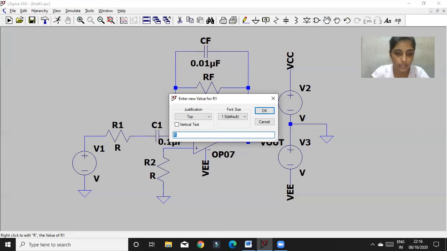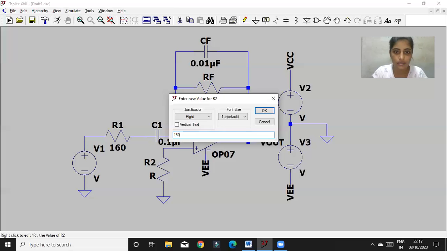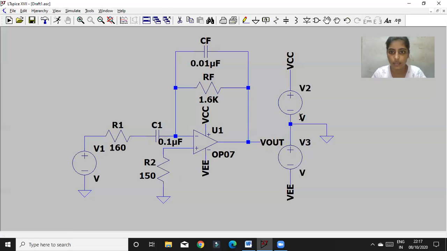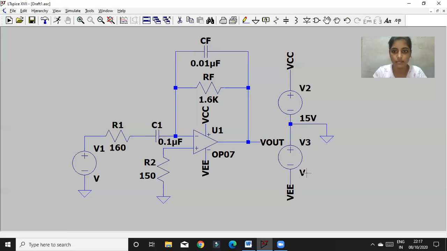This is 160. Now I'm giving the supply values of plus 15 volts and minus 15 volts.